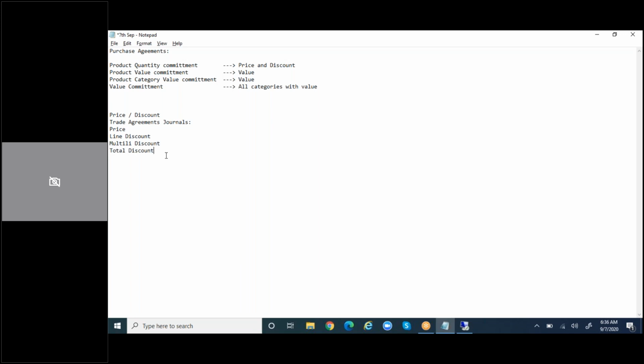These are the options available. Price, line discount, multi-line discount, and total discount. Then you are telling price is available here, and in the item master, that is the released product.